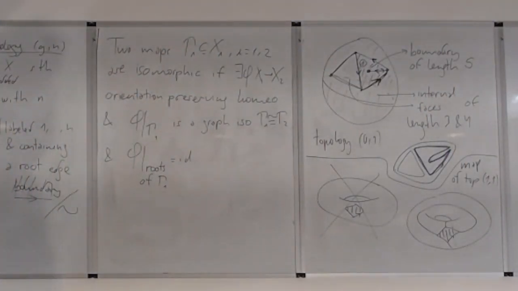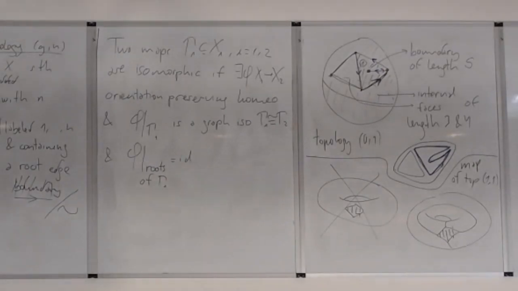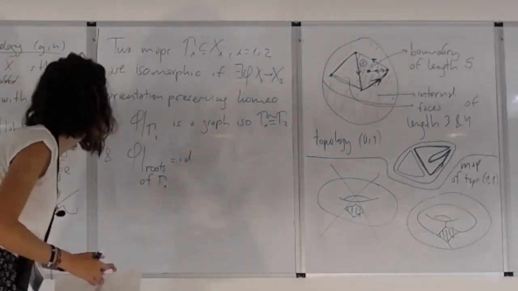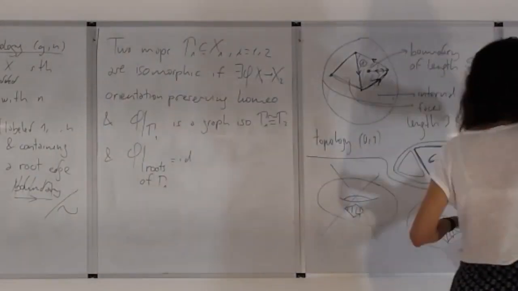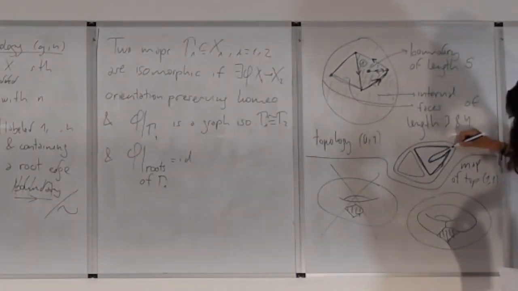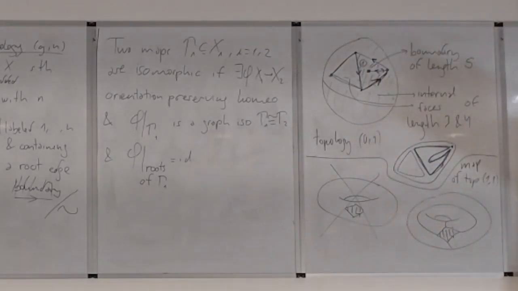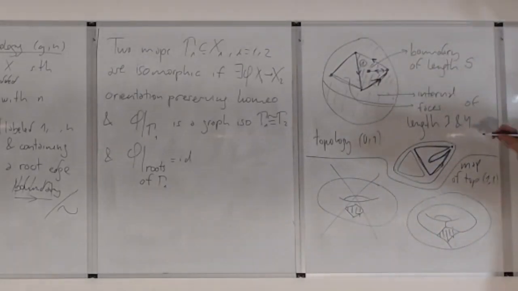Just a question about the vertex in the graph, where you have these glued edges coming out. What is the valence of that vertex? This is a good point. The valency is the number of half edges entering the vertex.